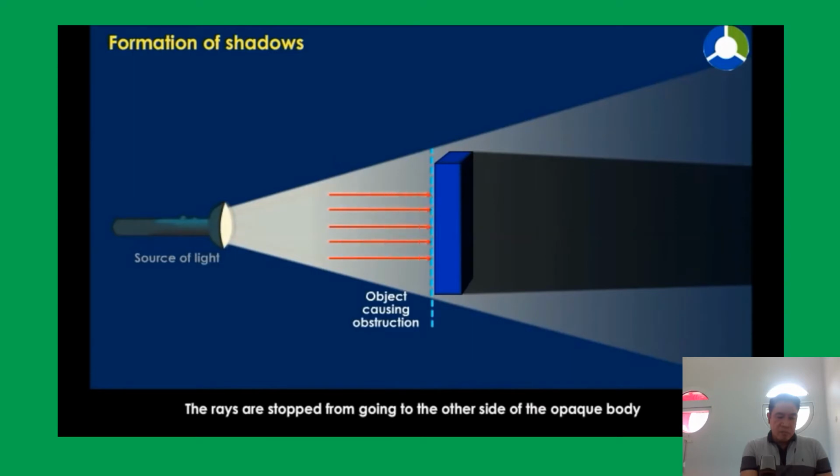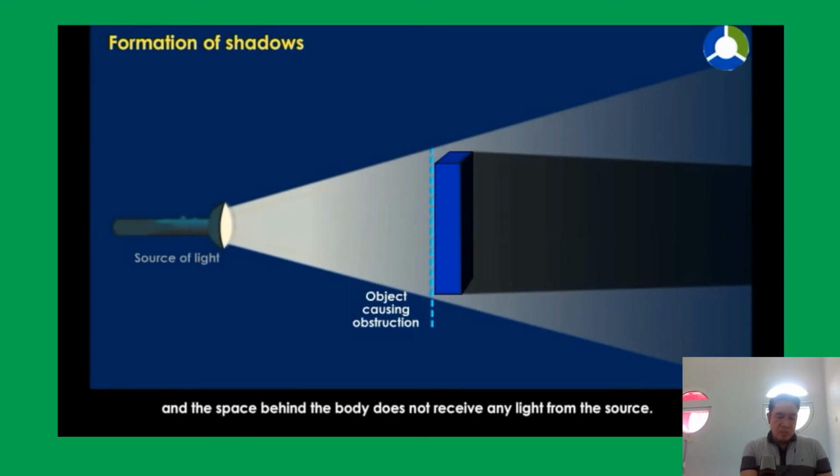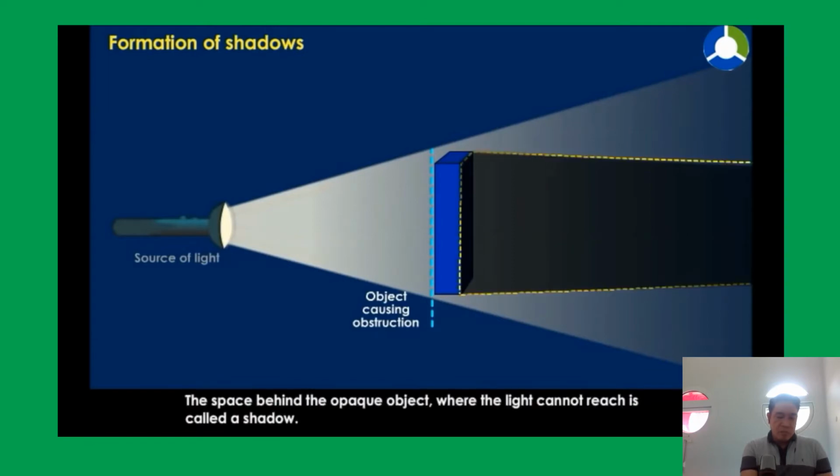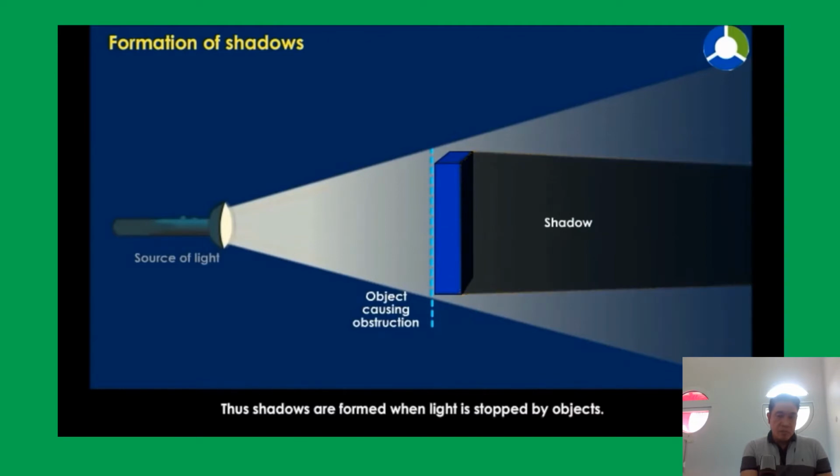The rays are stopped from going to the other side of the opaque body, and the space behind the body does not receive any light from the source. The space behind the opaque object where the light cannot reach is called a shadow. Thus, shadows are formed when light is stopped by objects.